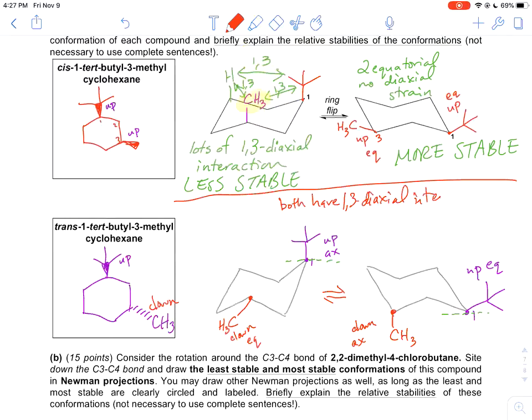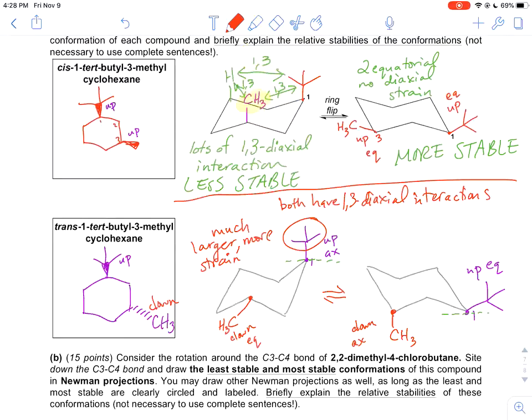One has significantly more, and that's the one with the bigger group. This tertiary butyl group here is much larger. It's going to cause more strain, and I already have 1,3 diaxial interactions written up above, so I'm not going to write that again.